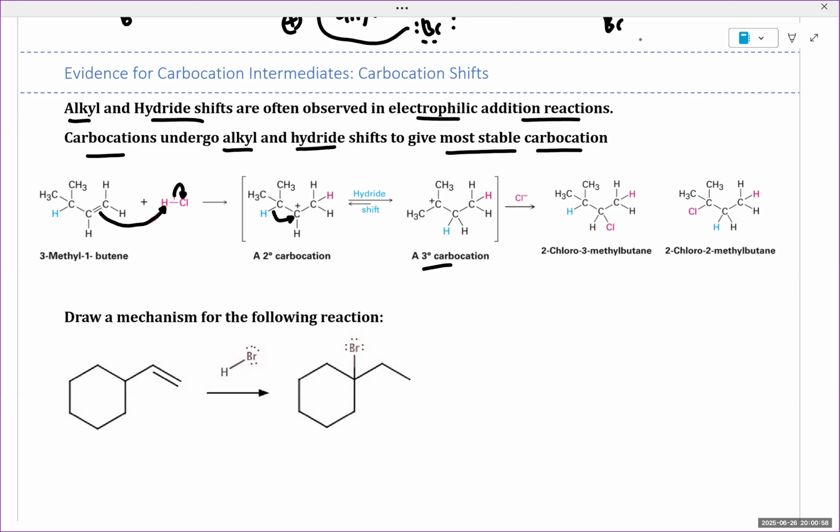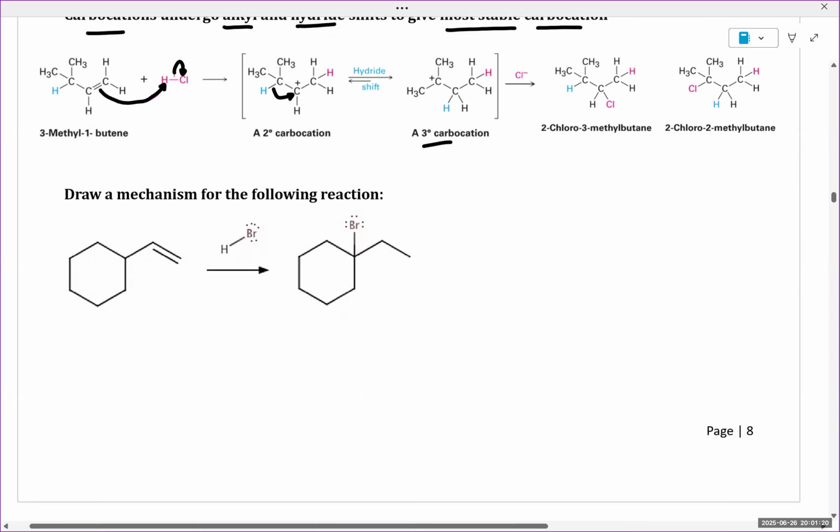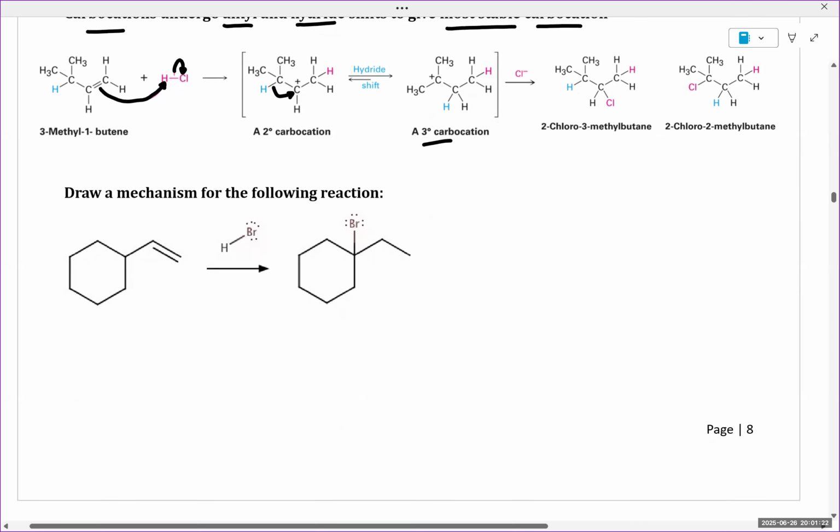So, whenever you deal with electrophilic addition, you've got to be really careful and always cognizant of the possibility that once you make your carbocation, it can undergo hydride or alkyl shifts, and you can end up with your halogen on an entirely different carbon than maybe what you intended. So, to this end, let's draw a mechanism for the following reaction.